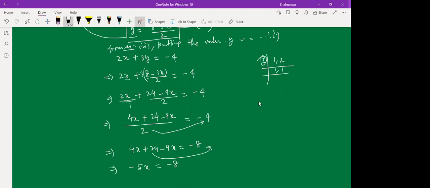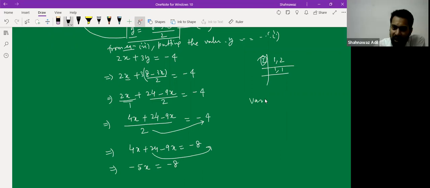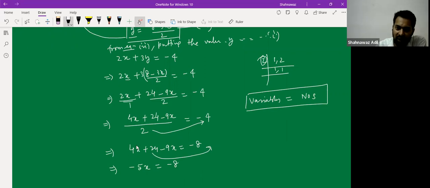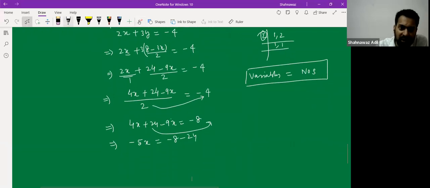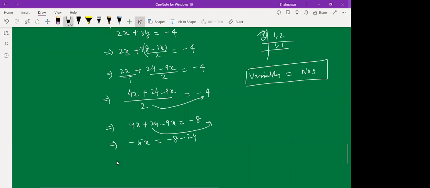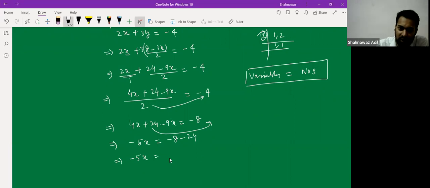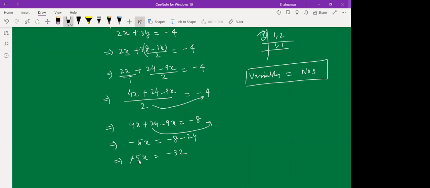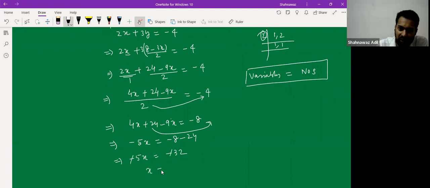Our aim is to write variables this side and numbers this side. This is our aim to solve the equations. So all the variables are this side, this goes here, so this is -24. And this will be -5x and -8 minus 24 is -32, right? Minus minus cancels, x is 32 by 5.